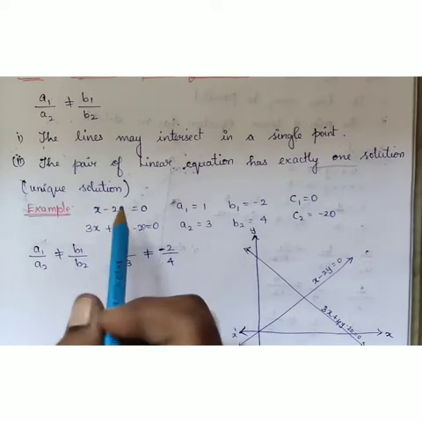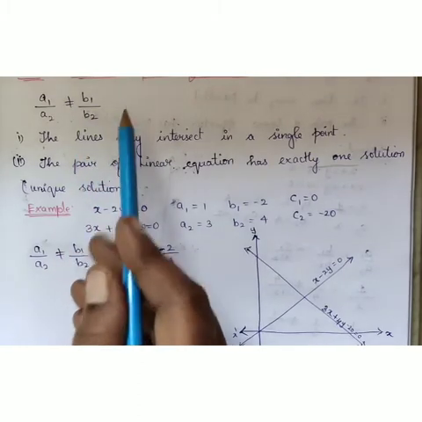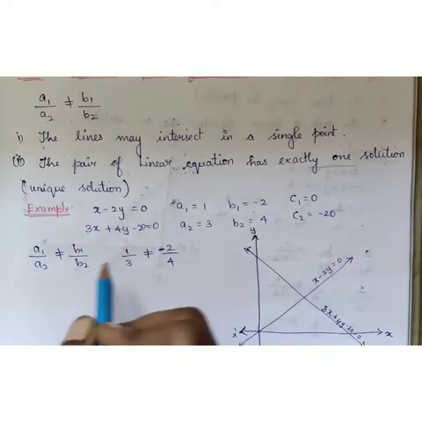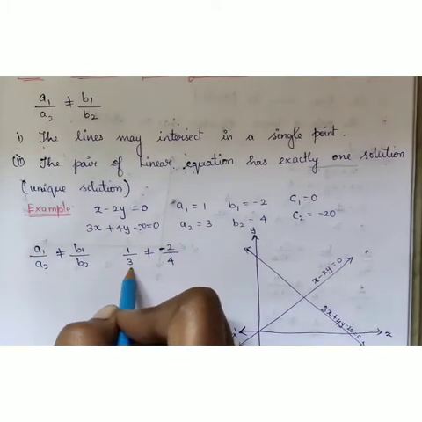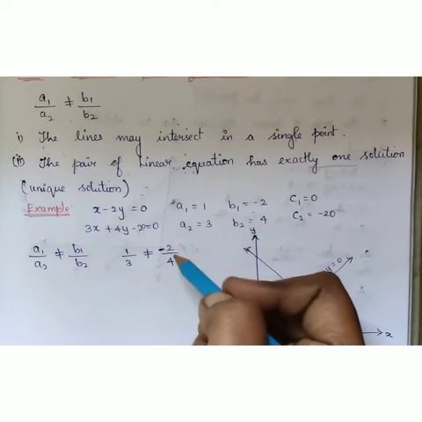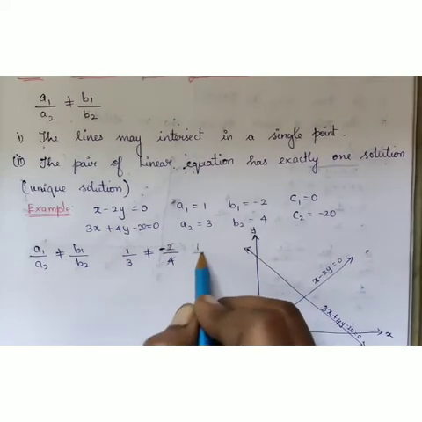Now let us check the condition, whether a1 by a2 is equal to b1 by b2. Now a1 by a2 is 1 by 3, b1 by b2 is minus 2 by 4, we can cancel and write this as minus 1 by 2.